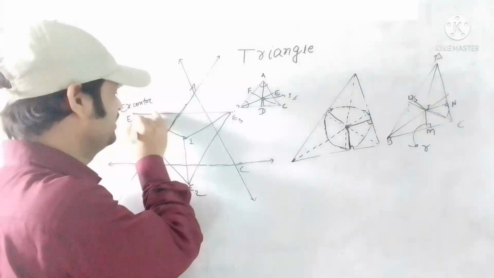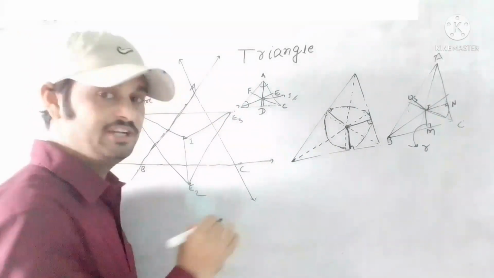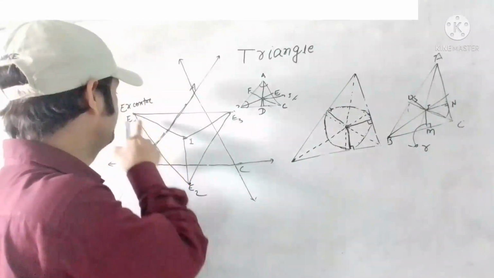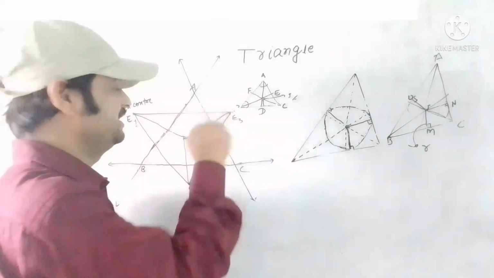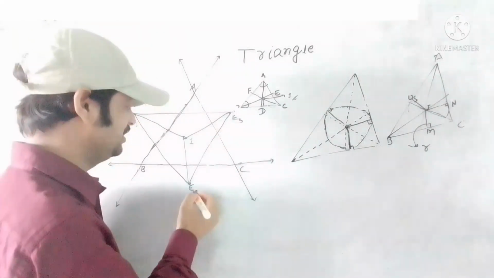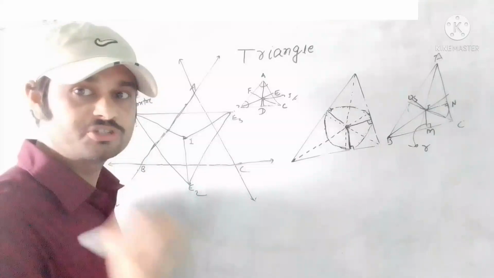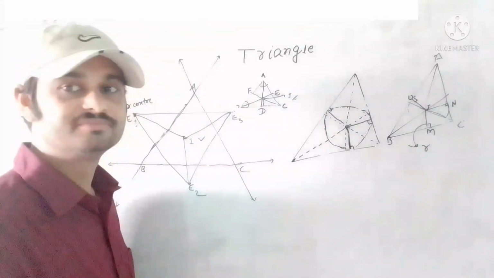For this triangle E1, I, E3, this point E2 is the orthocenter of the triangle. If we take this triangle E3, E2, I, then this point is the orthocenter of this triangle.